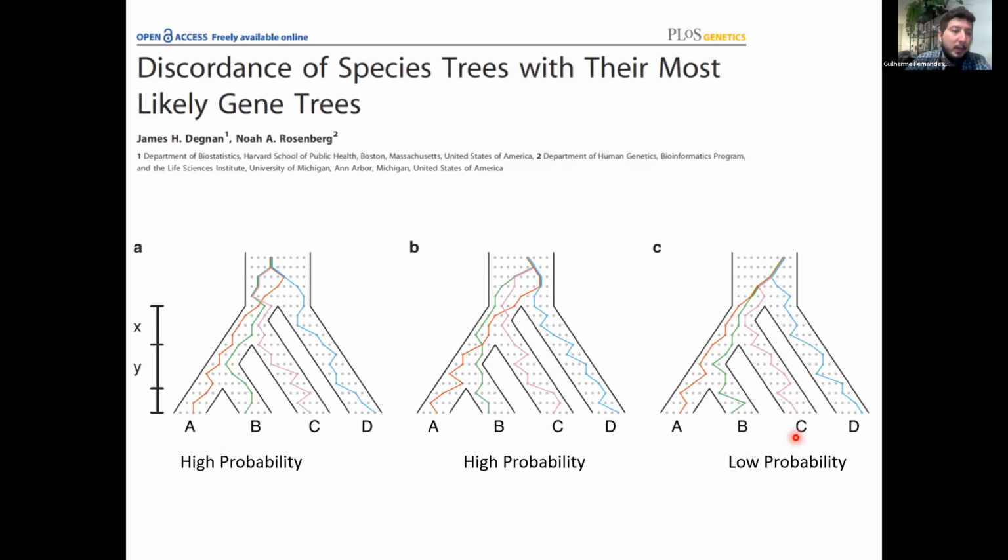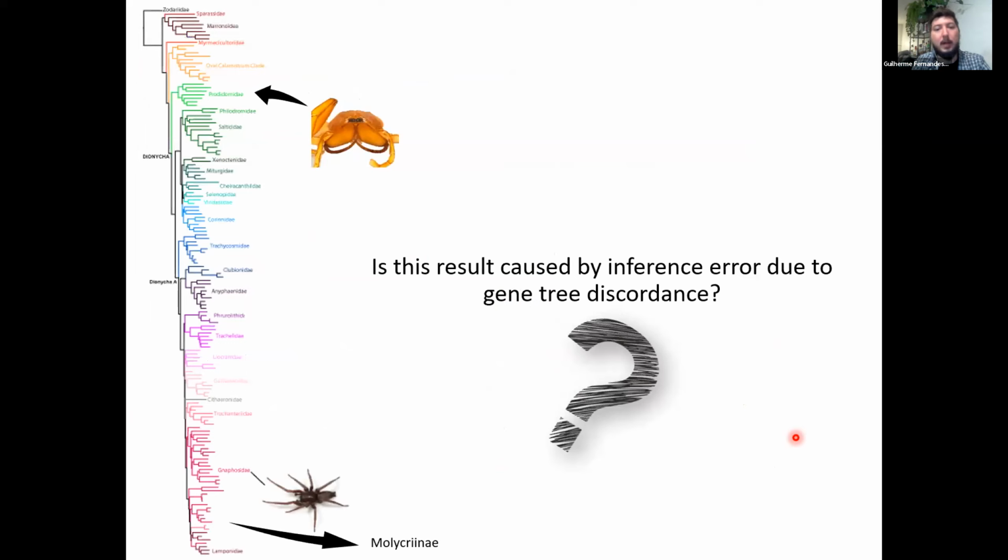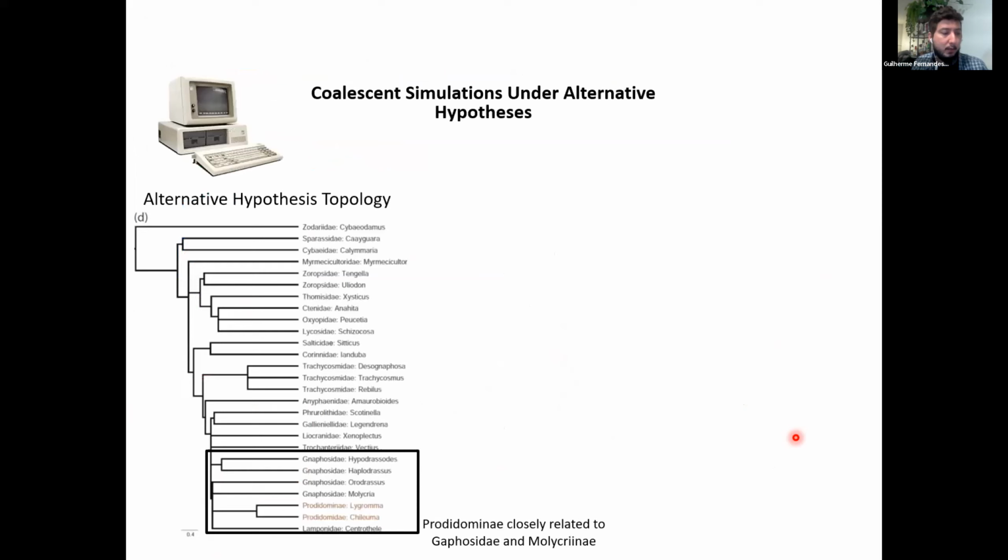Then if we infer the phylogeny with this data, we may get the wrong result. So we asked whether this could be an error caused by gene tree incongruence or a lot of incomplete lineage sorting, and to do that, we tested with simulations.